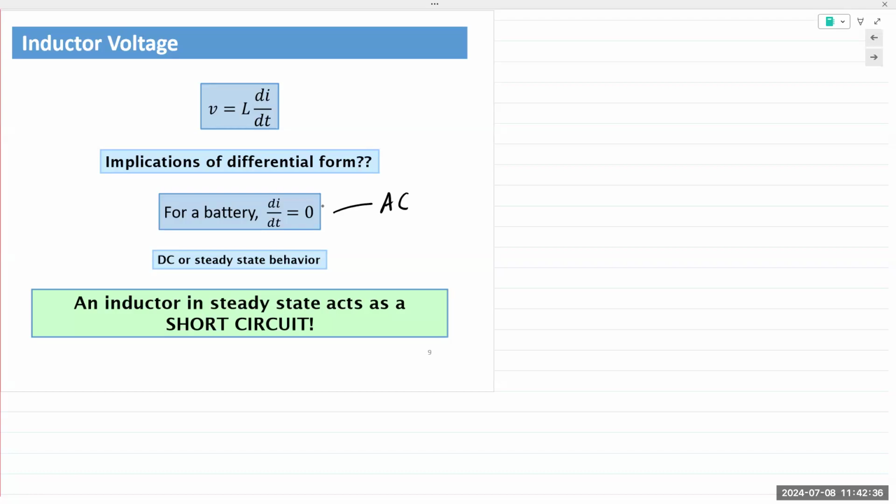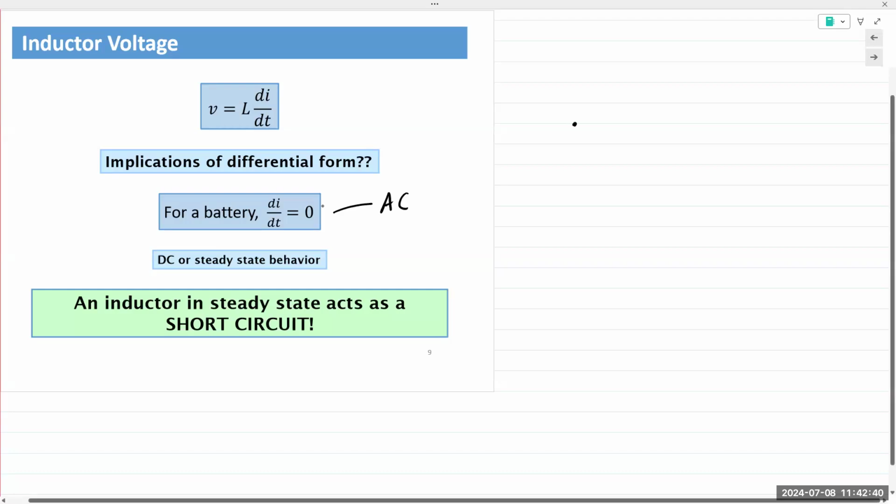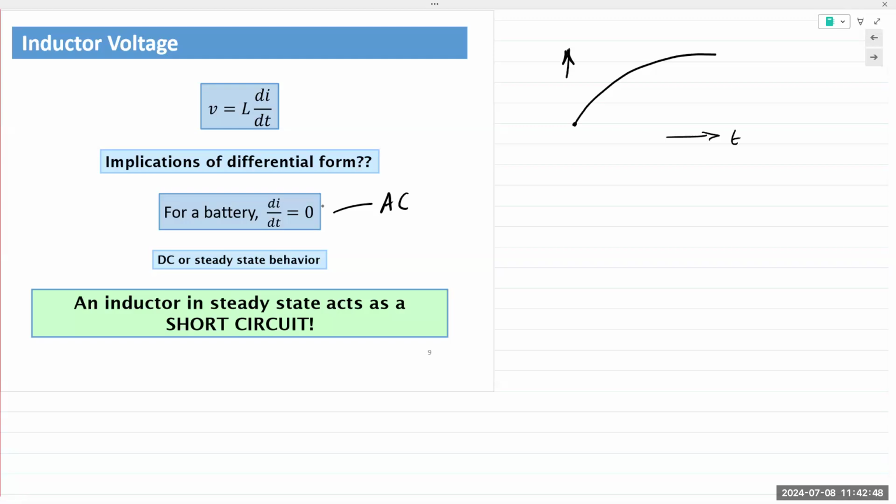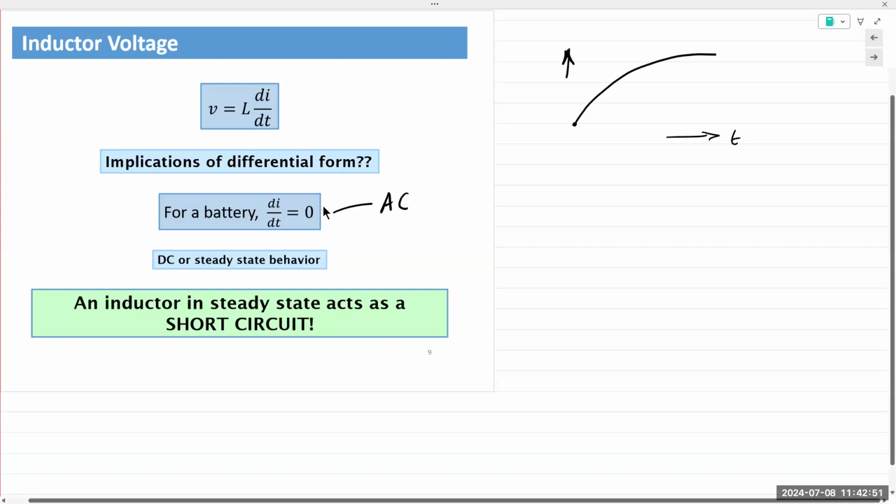It'll take some time for the energy to reach maximum charge. If this is time and this is the voltage or the current or the energy, it is always an exponential. This is something we'll look at in chapter 4.